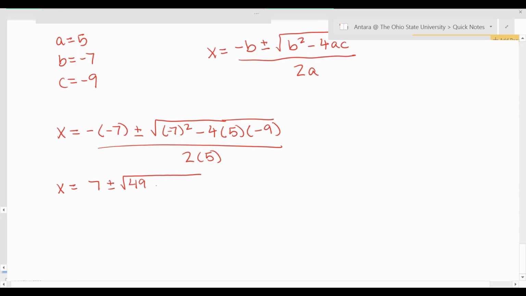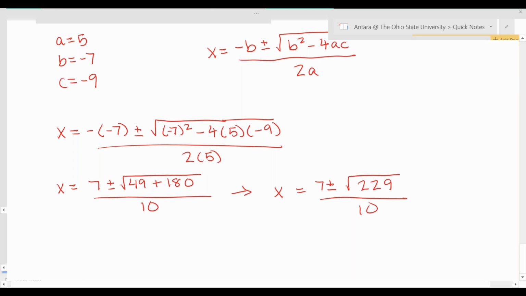We can use a calculator or do this in our head. 4 times 5 is 20, times negative 9: negative 20 times negative 9 is plus 180, over 2 times 5, which is 10. Now we can do one more simplification, where we have 7 plus or minus the square root of 229 over 10.